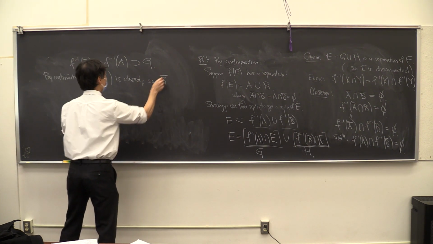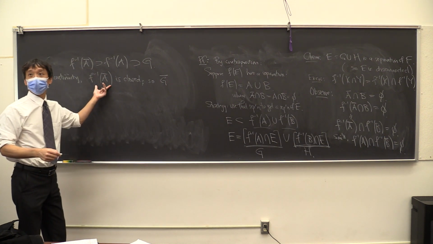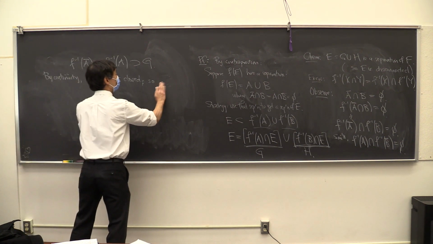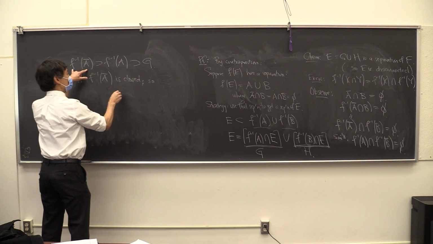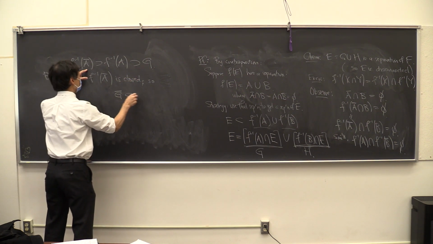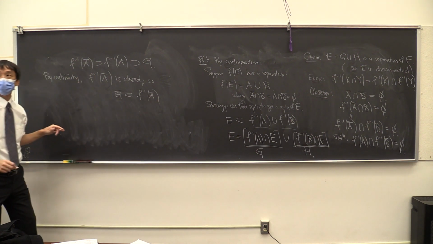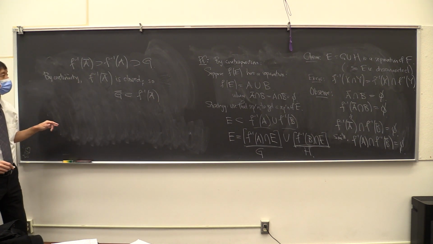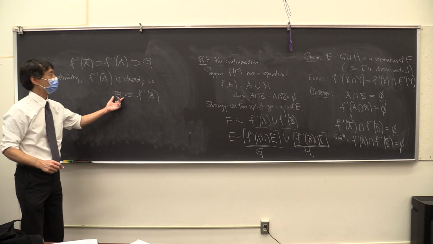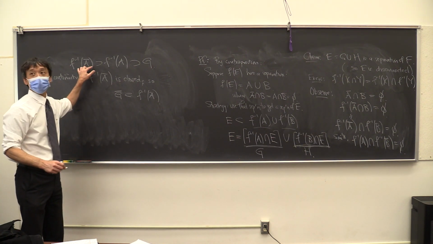So if we close G, it's still going to be inside there. G was sitting inside this closed set, so G closure is going to sit inside that closed set as well, because this set was already closed.